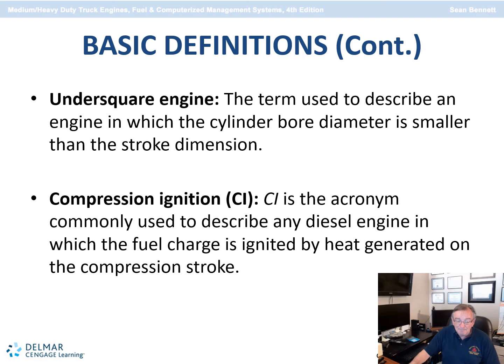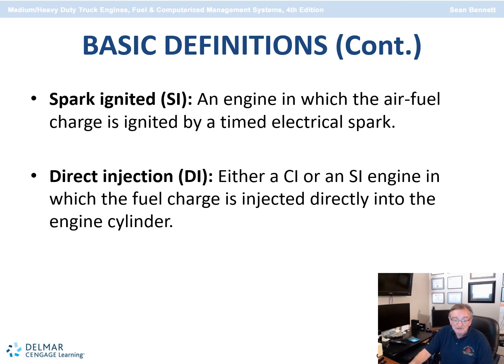Compression ignition is an engine that uses the heat generated on the compression stroke. We have approximately 600 psi in a compression ignition engine. Spark ignition is our common automotive engine, where we have a timed electrical spark.